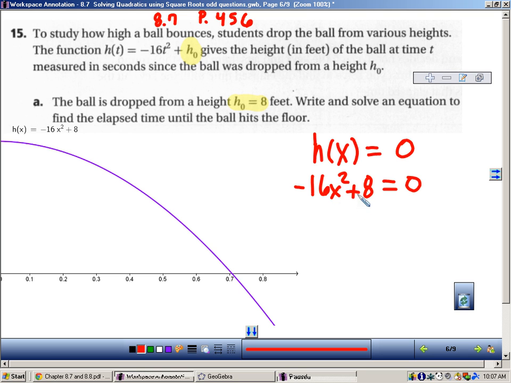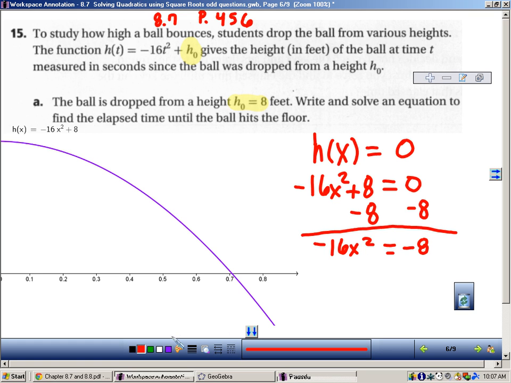So I will subtract positive 8. Okay, so that's a little different. Normally we try to factor the quadratic, set it equal to 0. I'm using this technique first. So this becomes negative 16x squared equals negative 8. Now, don't take the square root yet.